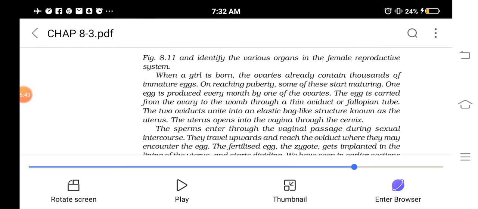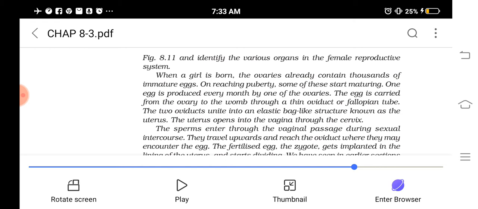When a girl is born, in her ovaries there will be thousands of immature eggs, or female gametes. So when the female child is in the womb of her mother, along with other organs like the heart and the kidney, the ovaries also develop, and the eggs will be there, but in an immature condition.